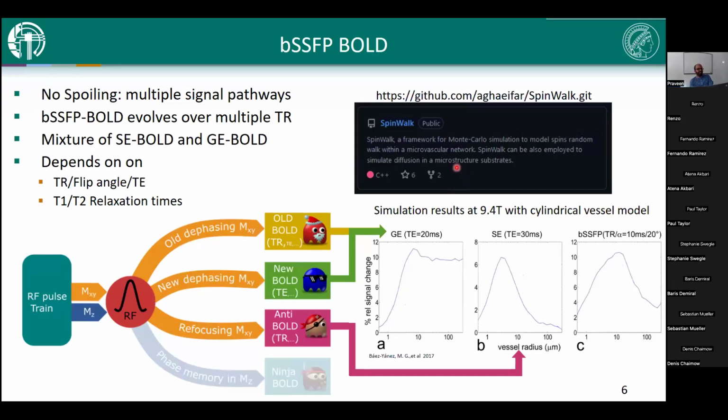One of my colleagues has now put up an open source Monte Carlo simulation, faster with GPU and parallel implementation. If you want to play with SSFP or spin echo bold, you can look into this package.